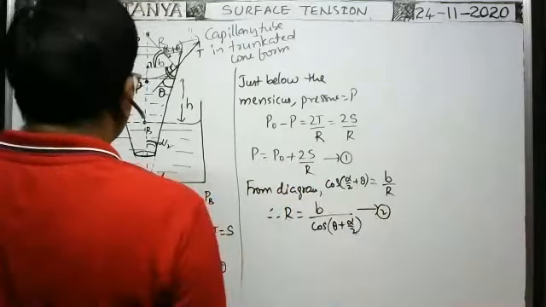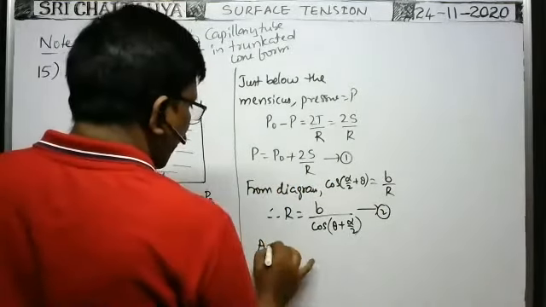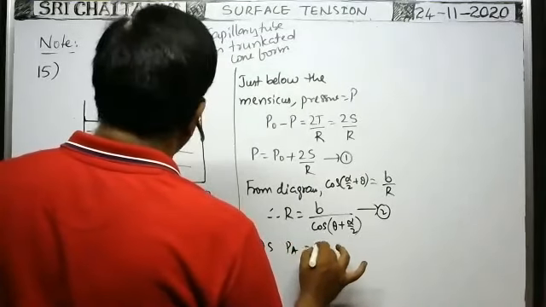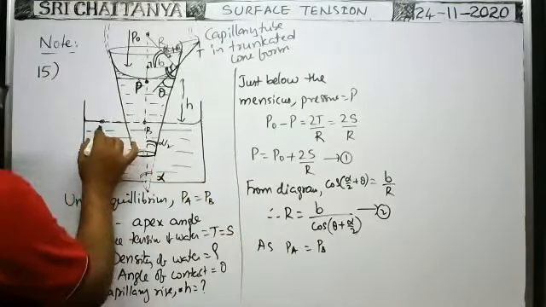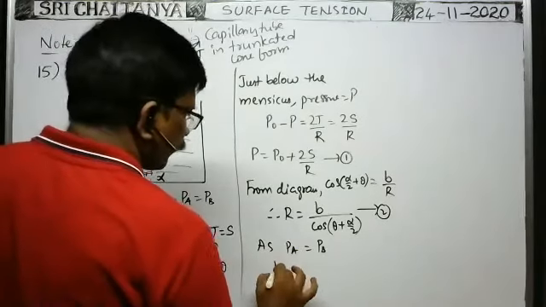Keep it like this. Now under equilibrium, pressure at A and pressure at B are equal. What is pressure at A? As it is open to atmosphere, only atmospheric pressure acts, so P naught.